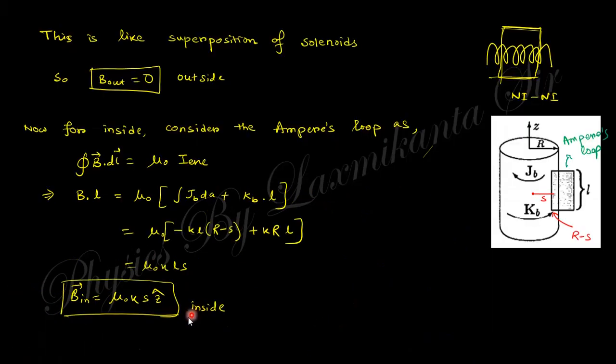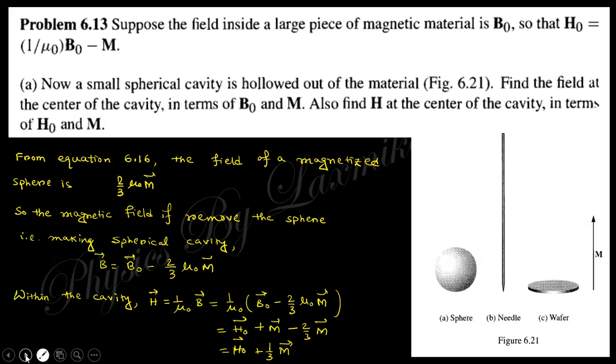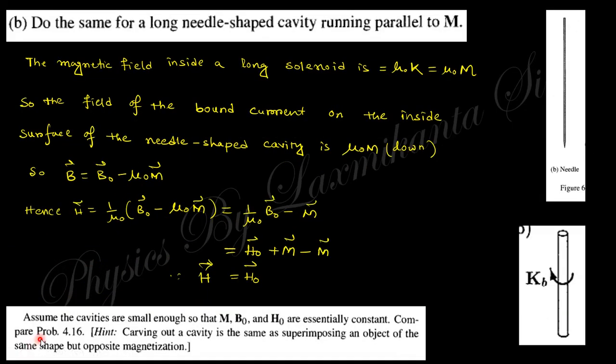So B in is nothing but mu naught M. So use these for cylindrical, and for spherical we already used 2/3 mu naught M. These two expressions were already derived, so we directly use them.